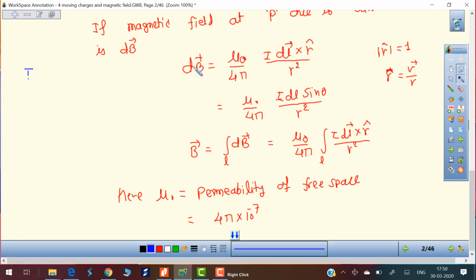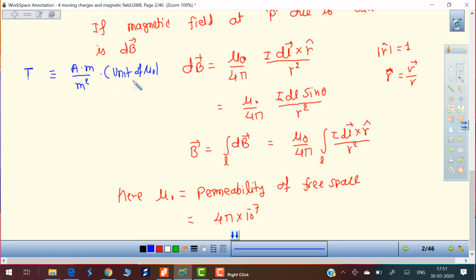The unit of magnetic field is Tesla in the SI system, which is equivalent to current in ampere, dl in meter, the unit vector is unitless, divided by meter square, into the unit of mu 0.